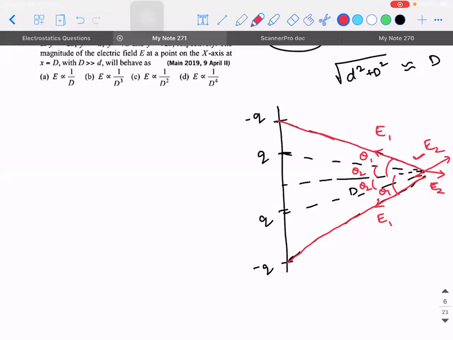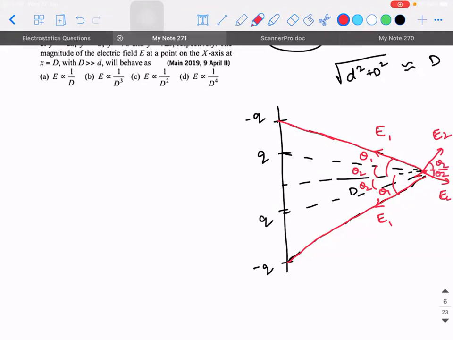Guys, are you able to understand? Right. Yes, sir. This will also be theta 2.